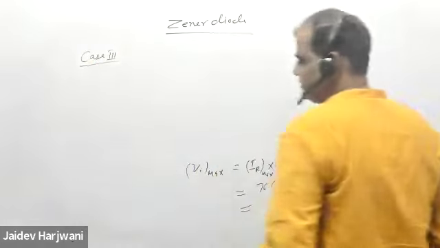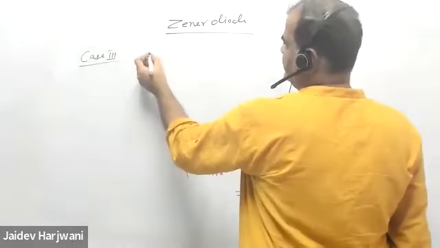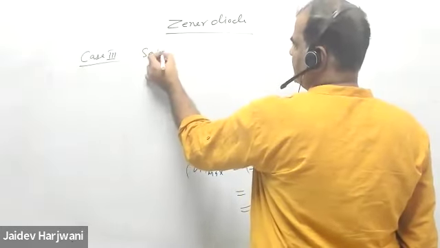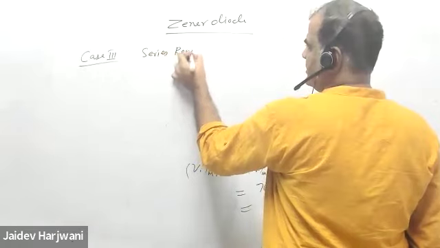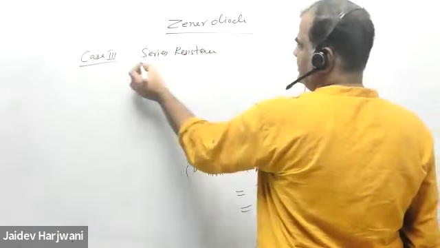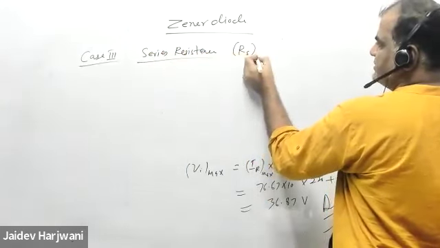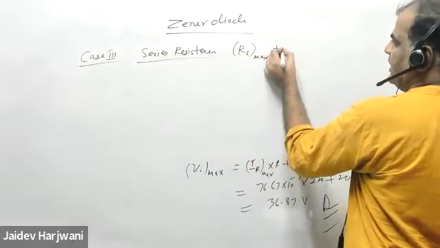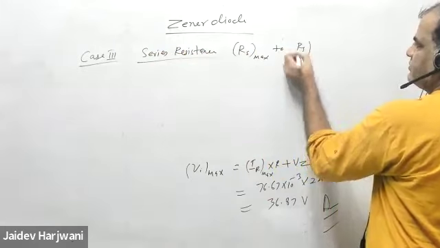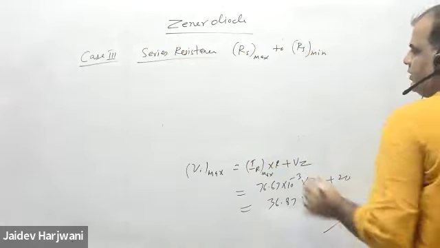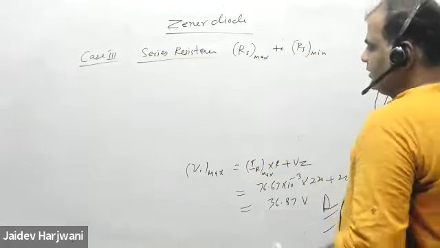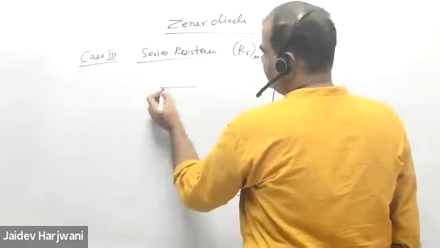Case number 3 means I want to find a series resistance. Series resistance also can go from RS max to RS minimum. Now say you have a fixed Vi.